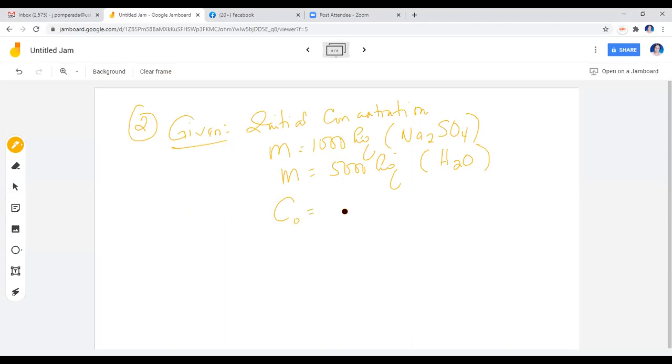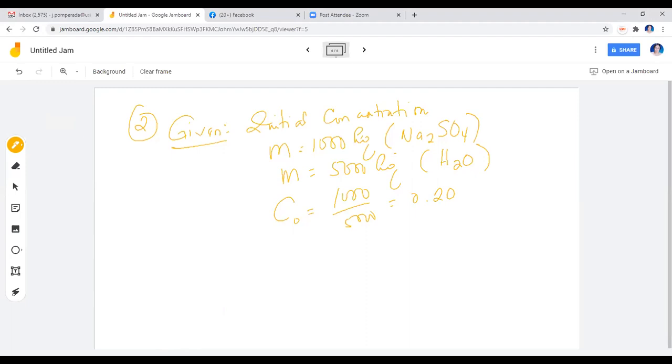Remember, we are to express concentration in terms of, what did the PowerPoint say? In terms of the formula that we're using, the concentration should be expressed as mass of anhydrous, that means solid only, over mass of solvent. So we were going to deal with the given as is where is: solid only over that of the solvent. So this is 1,000 over 5,000, and this should be 0.2.